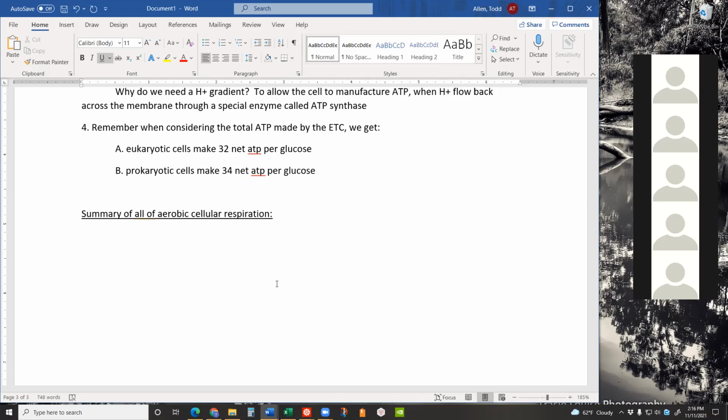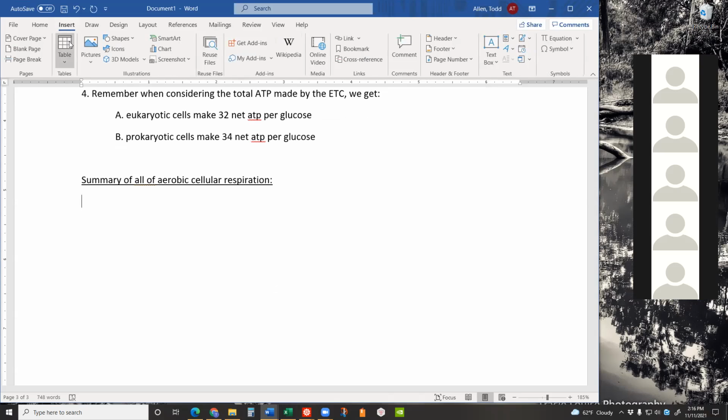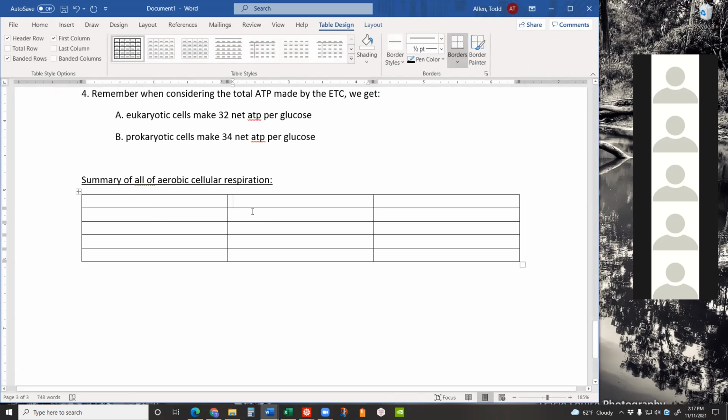All right, so the summary of all aerobic cellular respiration, we'll break it down this way. I'll give you a 3-column chart. We're going to make a statement here.